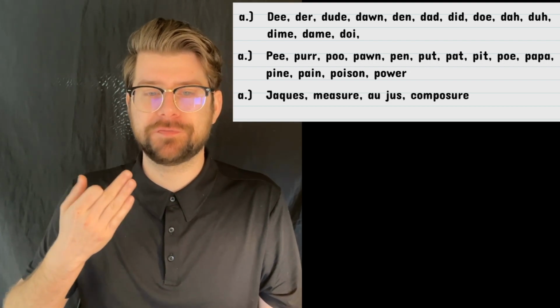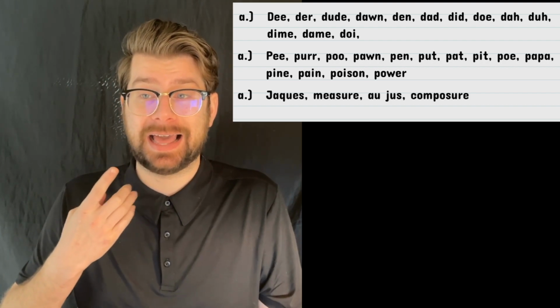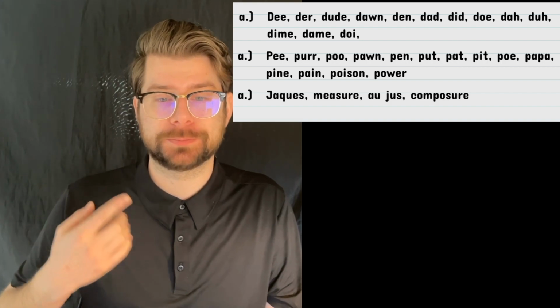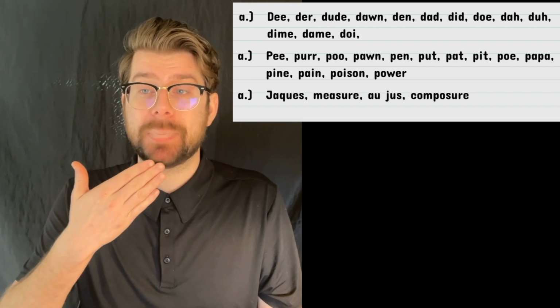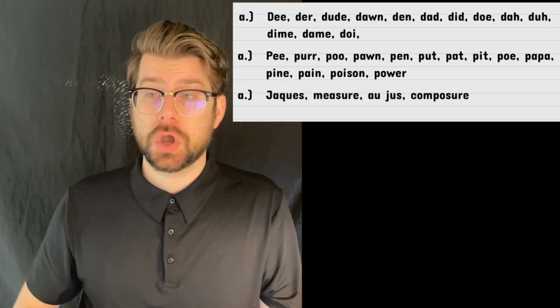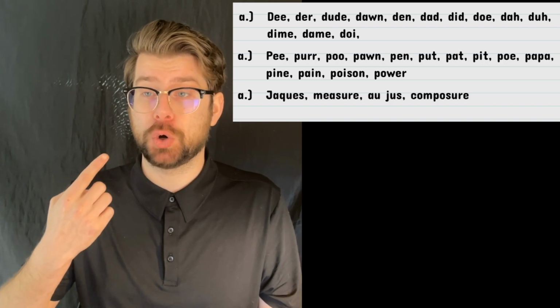Then we have a few words with zh, but the next slide is all about zh. So, Jacques, measure, au jus, and composure.